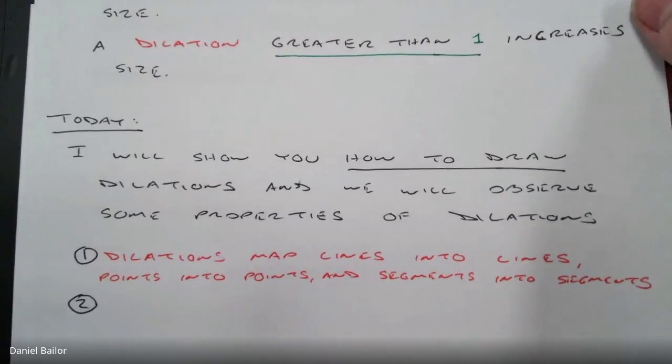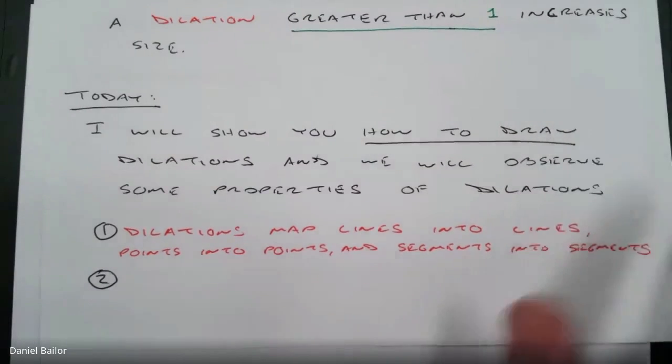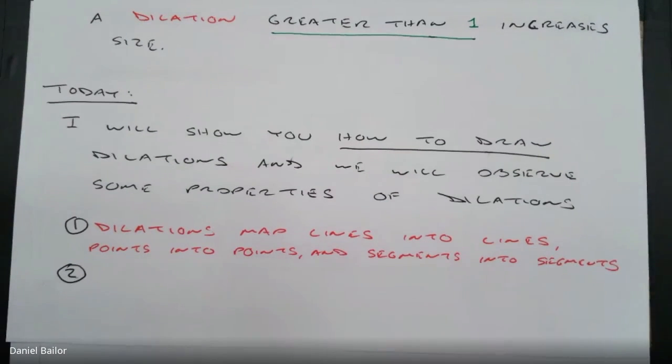So the size changes, but our first property tells us that the shape does not change. That's really what they wanted you to see. They wanted you to get some practice using your ruler and being precise, and they wanted you to see that the shape does not change, just the size. So that is the first property.